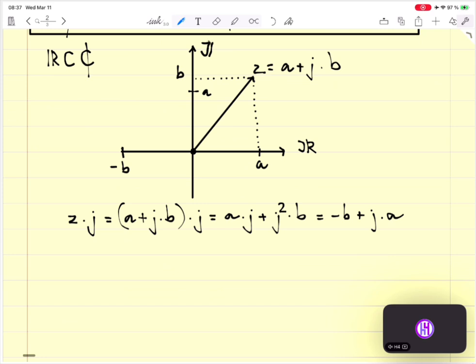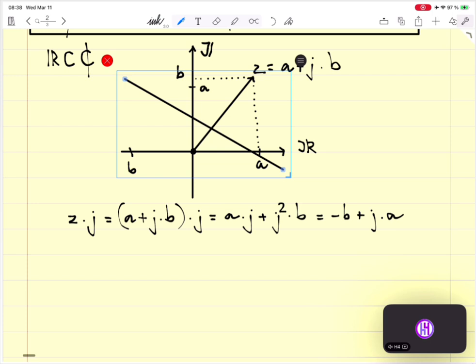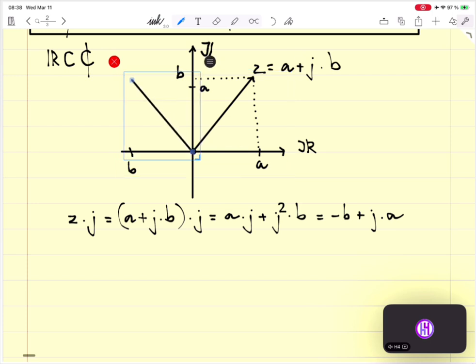So the solution is going to be a new vector turned 90 degrees to the left. Okay? This is z times j.